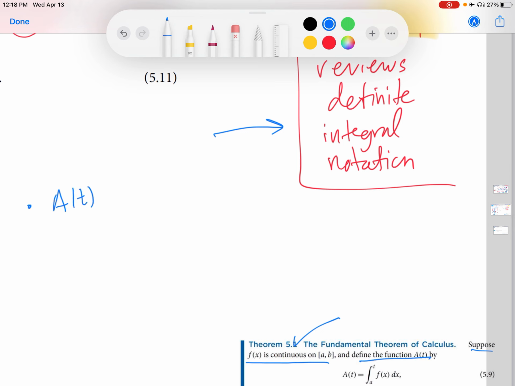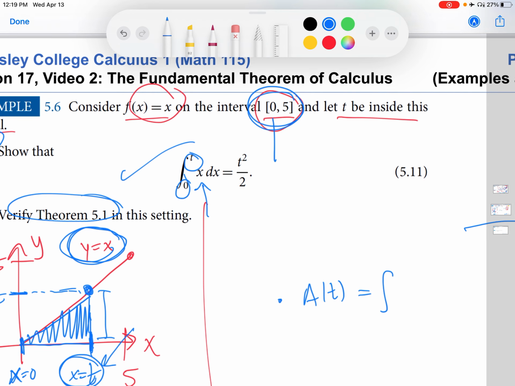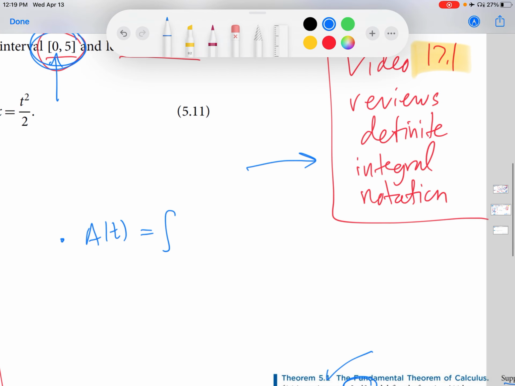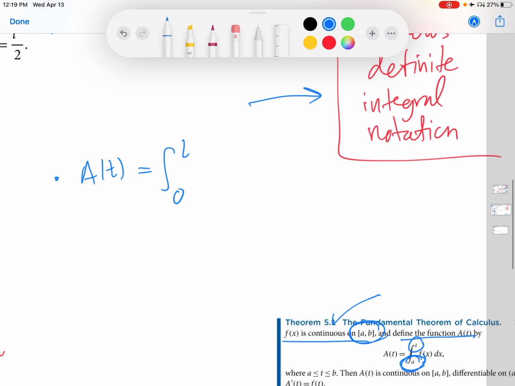And then define the function A of t. We're defining A of t by the integral from a. So what is the a in this problem? Well, we have to look at the interval we're dealing with, 0 to 5. So a is a left-hand point. Okay, so integral from a, the left-hand point, over to t, of the function, which is x dx.